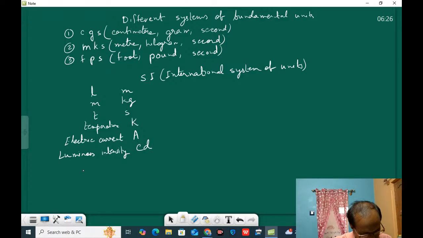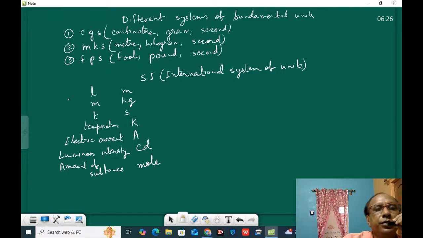And the next one is amount of substance, which is measured in mole. These are the seven fundamental units of the SI system.